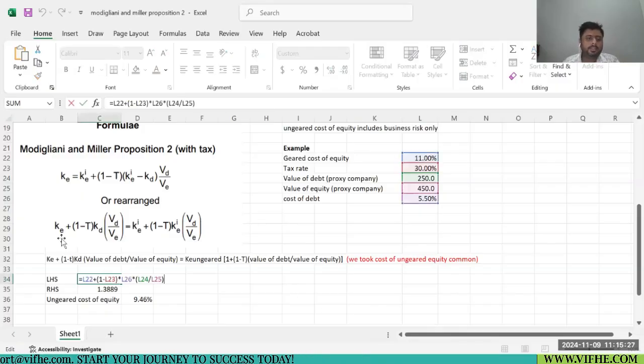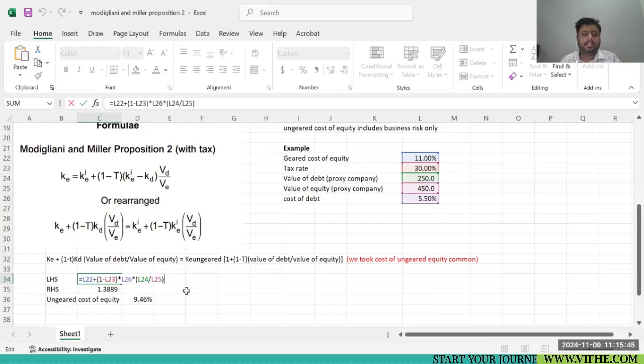Left hand side means this side of the equation, it is KE plus (1 minus tax rate) multiplied by KD over VD over VE. So we solve this entire side.